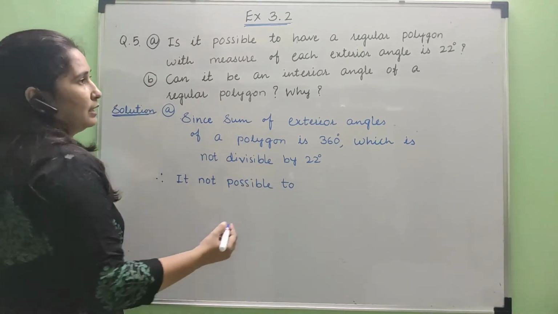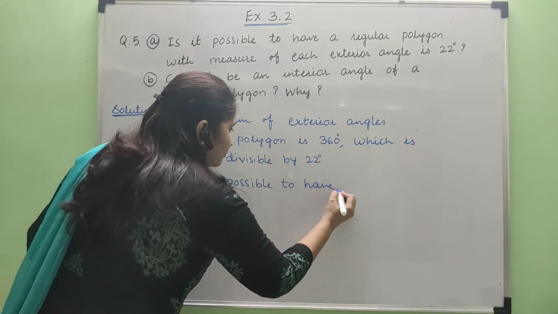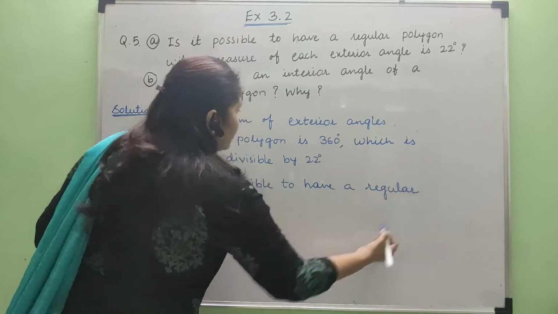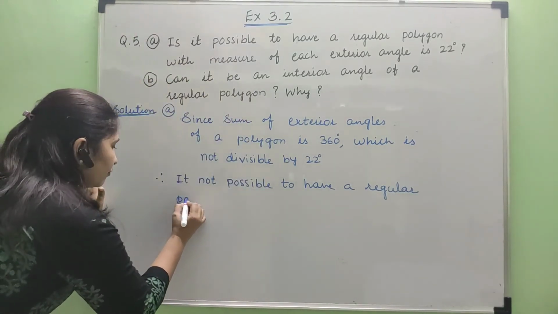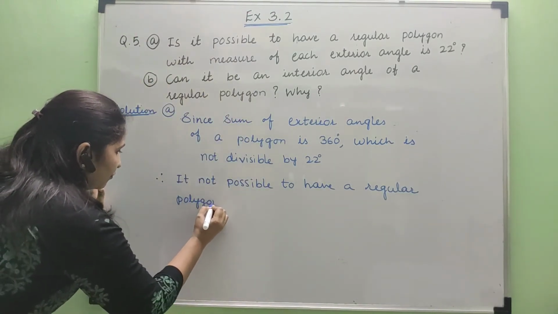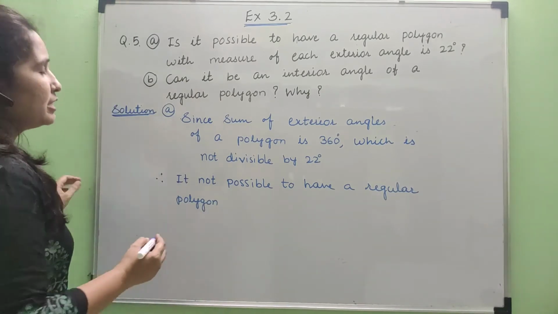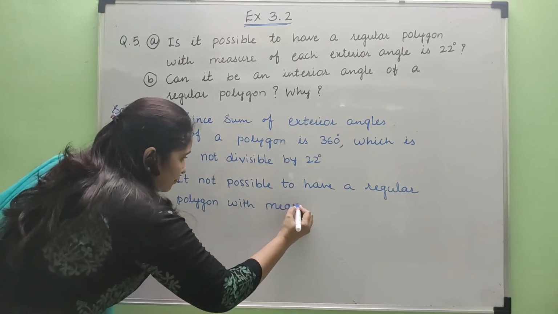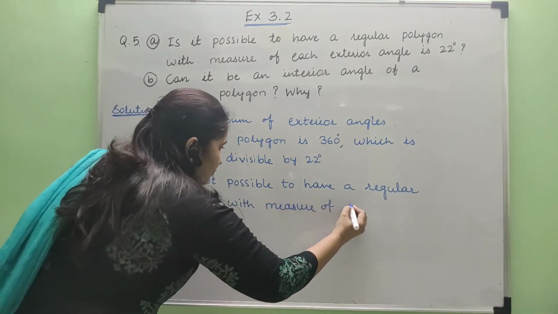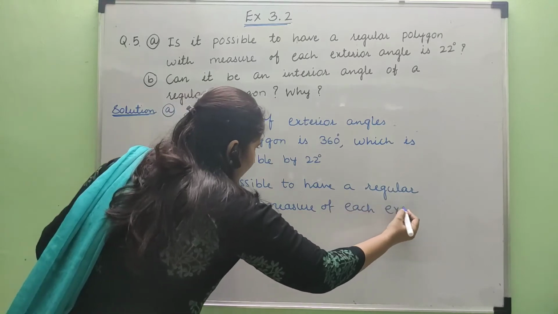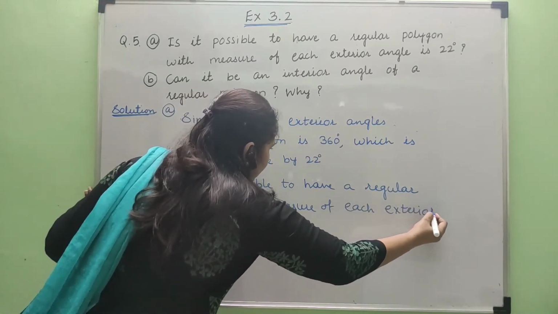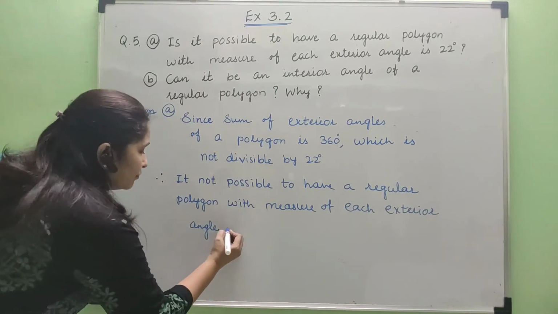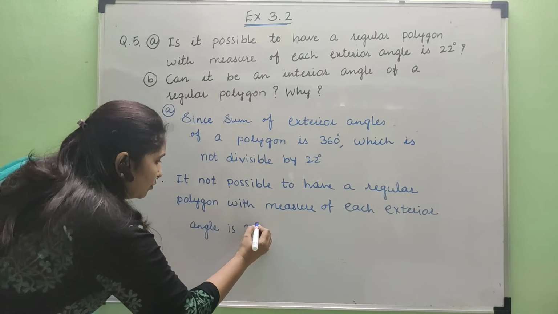to have a regular polygon with measure of each exterior angle 22 degrees.